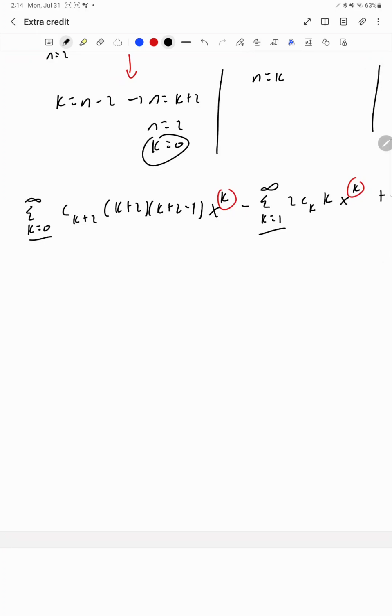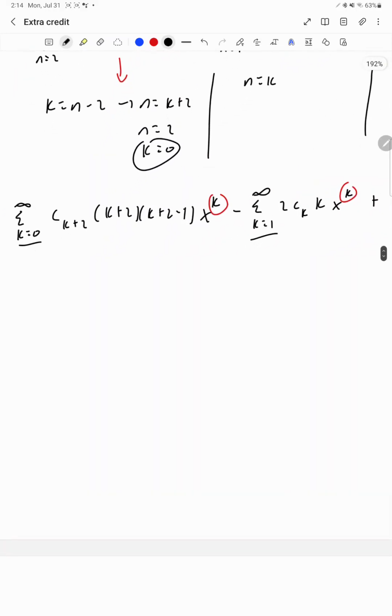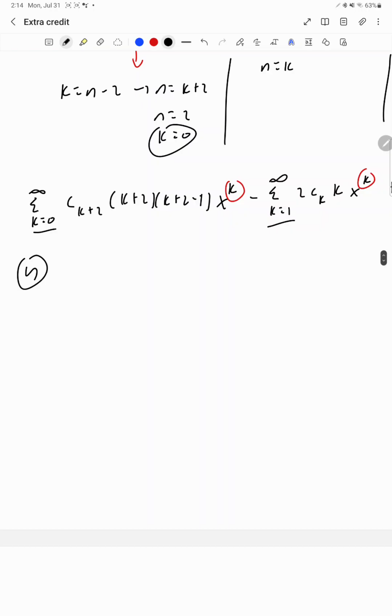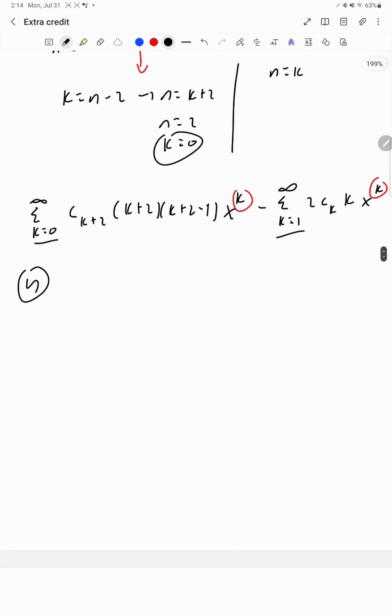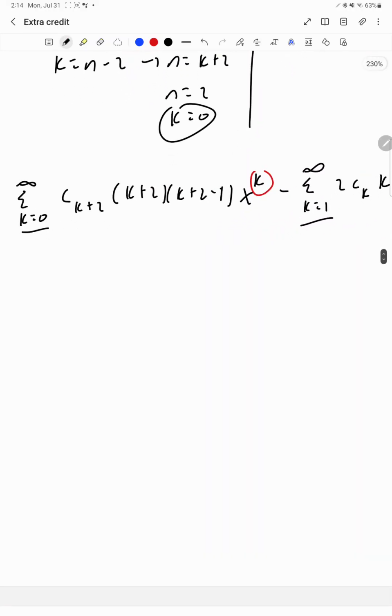Yeah, and then we're gonna factor out the C2 and C0. So step 4 is that we're gonna plug in all, actually, sorry, we're not gonna ignore the k equals 1.